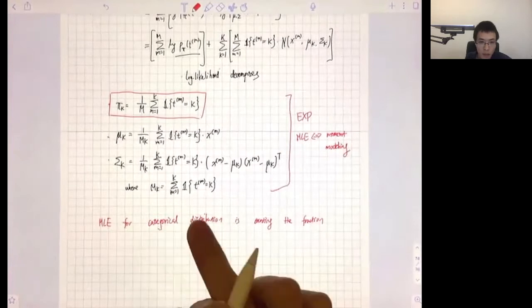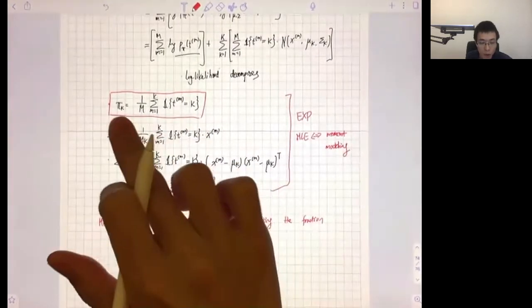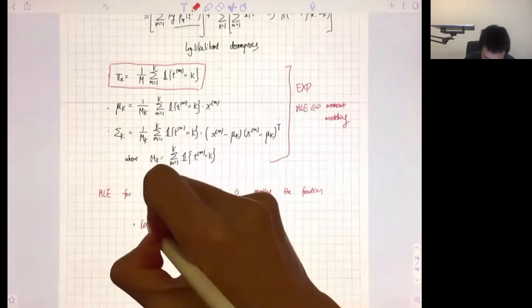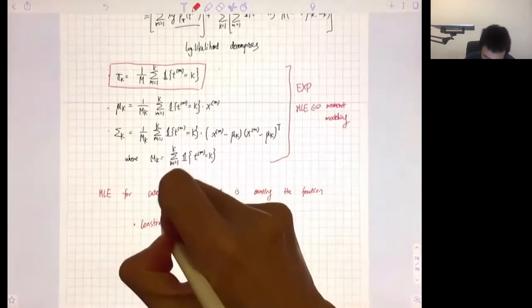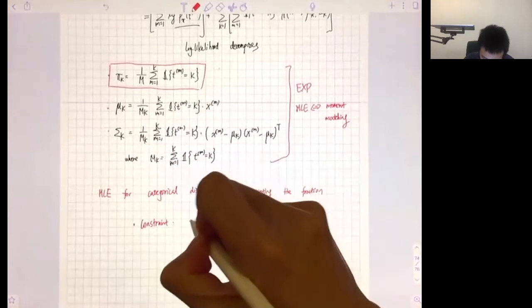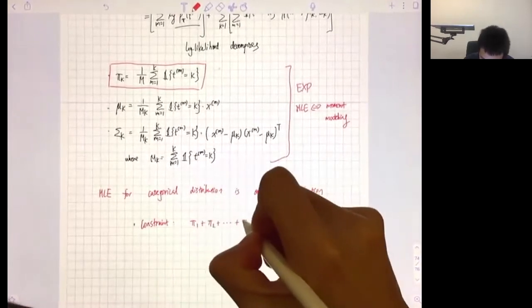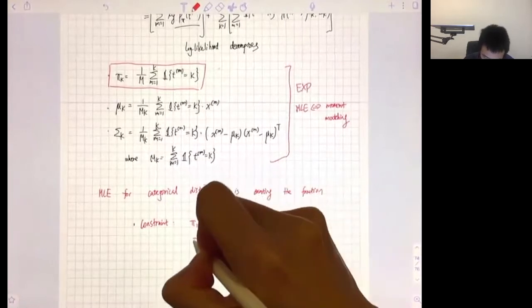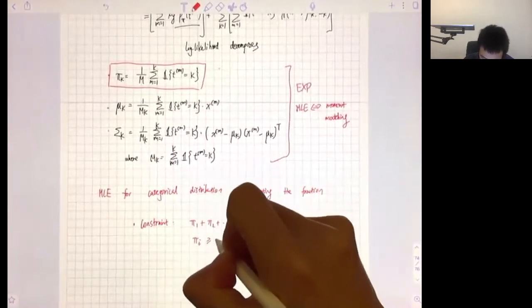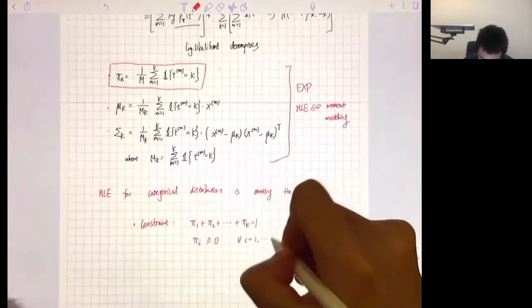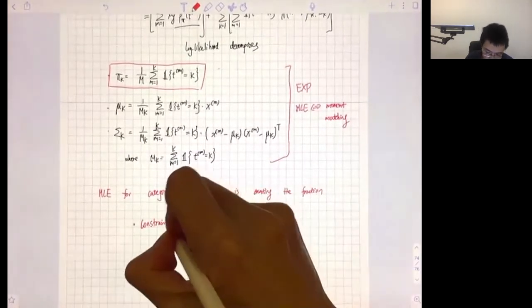So this is a little bit tricky here because we have a constraint, such that pi1 plus pi2 plus ... plus pi k equals 1, okay? And also pi i is greater than or equal to 0 for any i from 1 up to k. So we have some constraints.